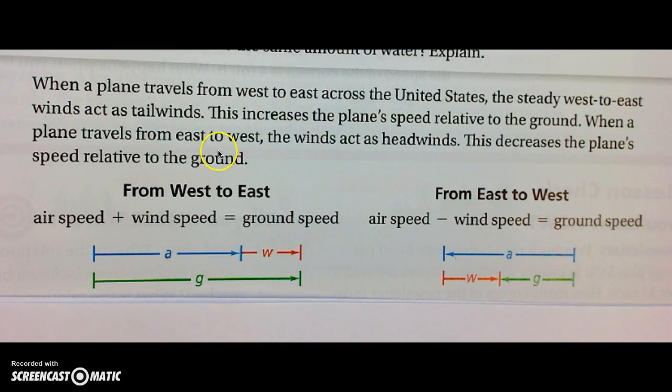When the plane travels from east to west, the wind acts as headwinds. This decreases the plane's speed relative to the ground. So we take our airspeed and we subtract our wind speed to get the ground speed. So you can see, in order to find the ground speed, we need to subtract out the wind speed.